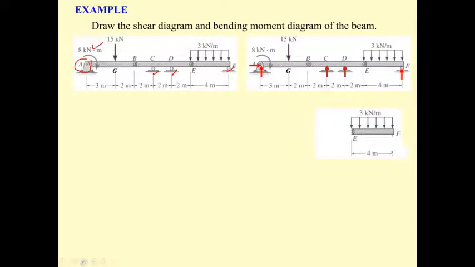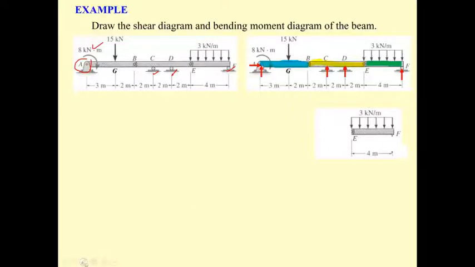The first one is EF, linked by joint E. The second one is BCDE, and the last one is B, G, and A. These are the light blue, the yellow, and the green.